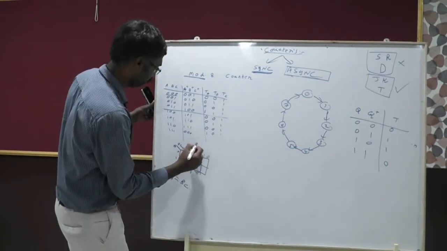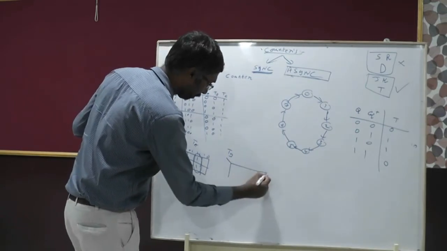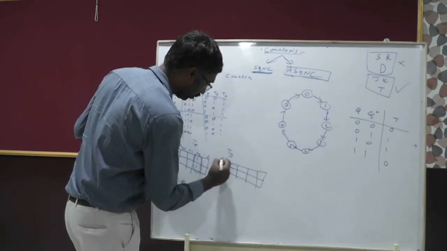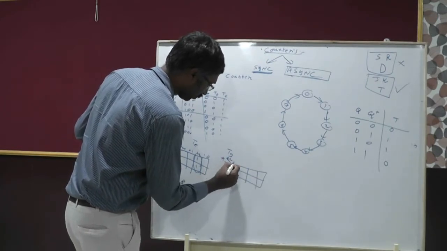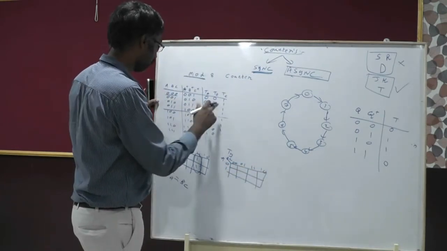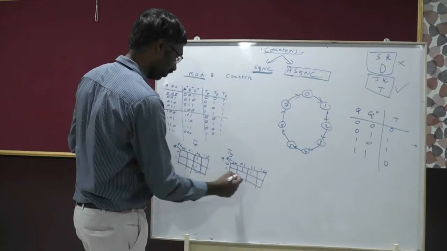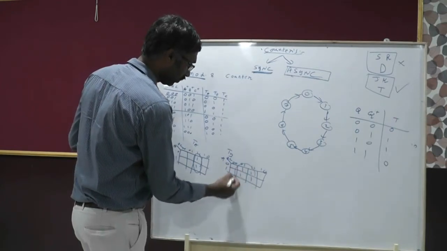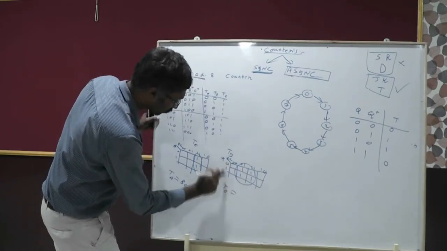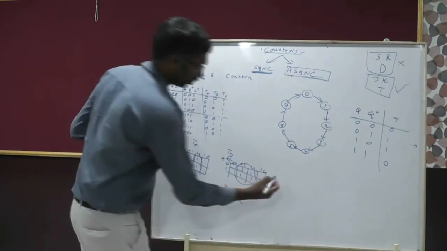Similarly for TB, the A value will be cancelled, 0 and 1, and B value will be cancelled.